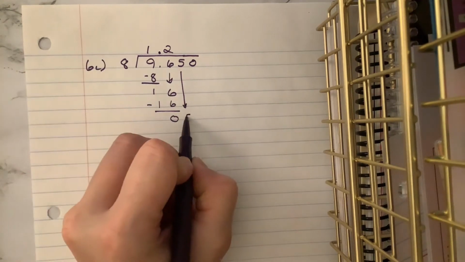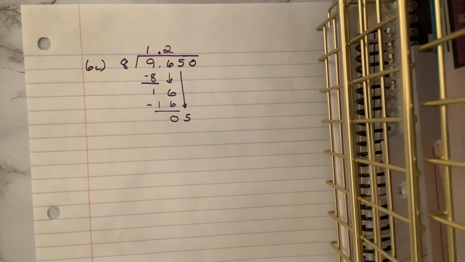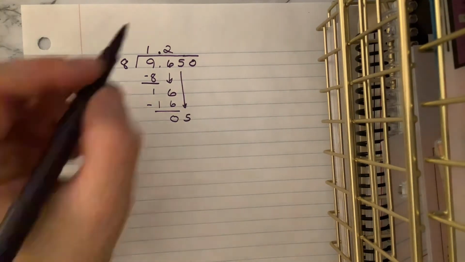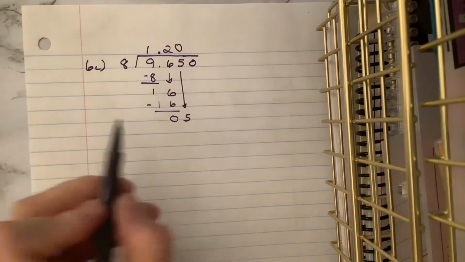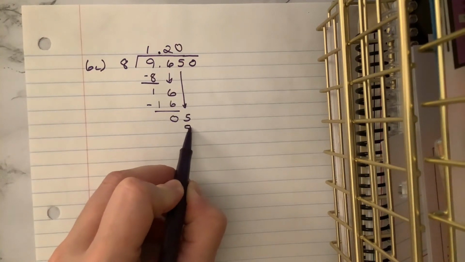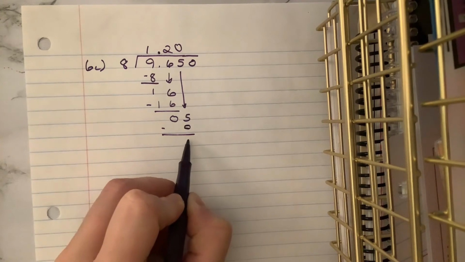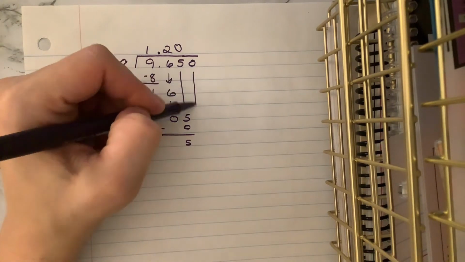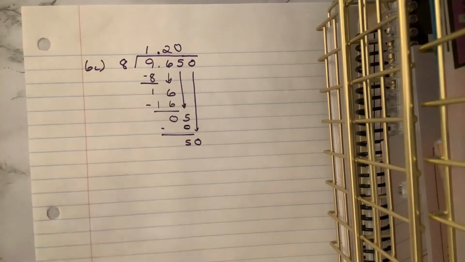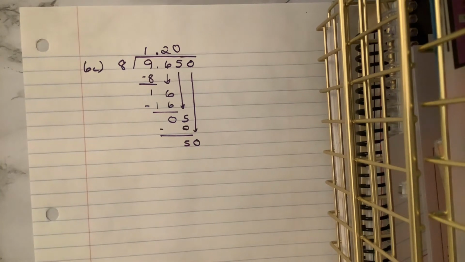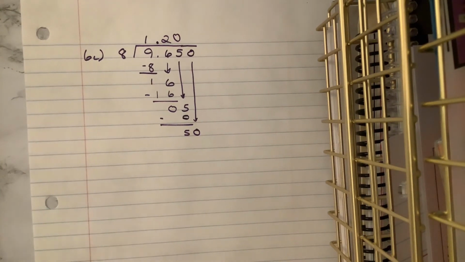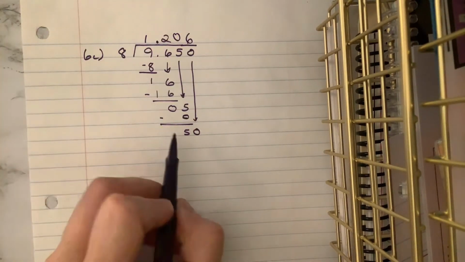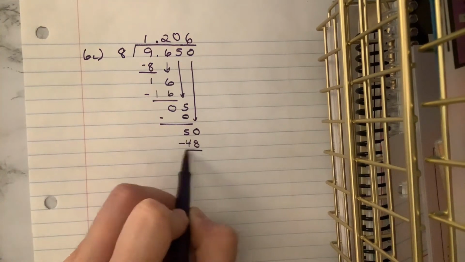We bring down our 5. 8 goes into 5 0 times, and we want to make sure we put that 0 there. 0 times 8 is 0 with a remainder of 5. We bring down this 0, so now 8 goes into 50 how many times? 6 times. 6 times 8 is 48 with a remainder of 2.